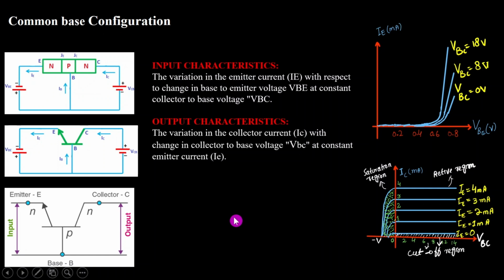Now what will happen if we reverse this voltage? From this side of the zero, the polarity will be different. If we change the polarity, this side becomes negative and this becomes positive. In that case, this PN junction will be forward biased, and due to which the current will occur.